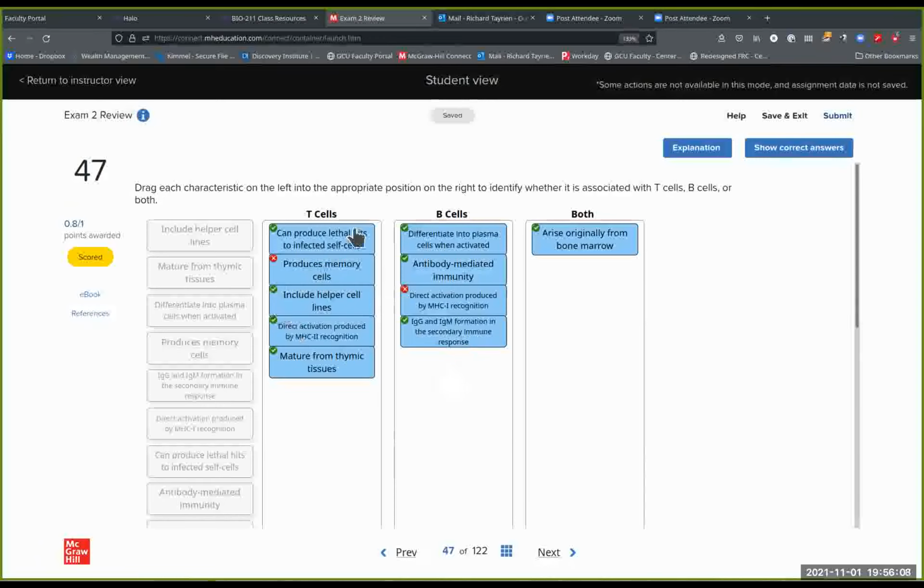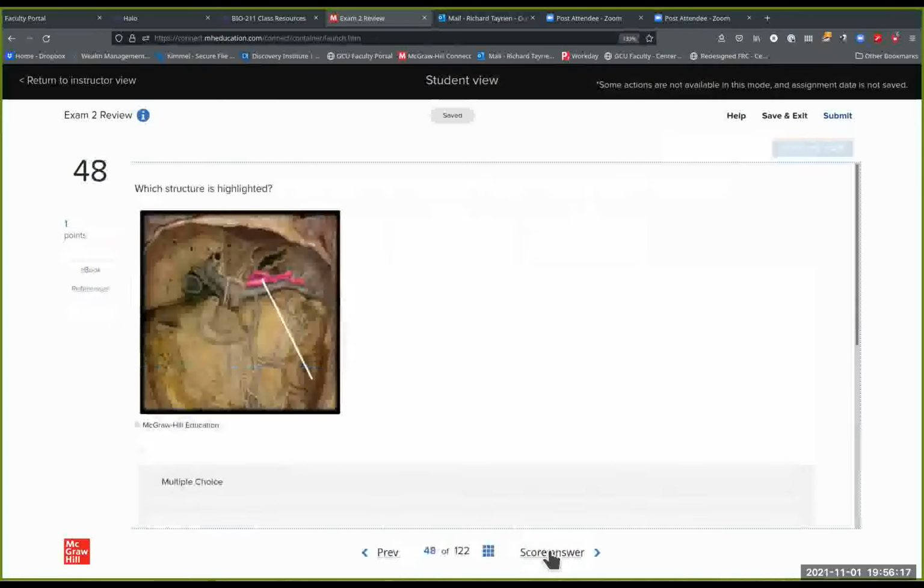That might be both. That is both. And this MHC1 is also in T cells. I just remember B cells, plasma cells, IgG, IgM, and T cells, helper cells, and natural killer cells that are pretty lethal killers, especially against a virus.